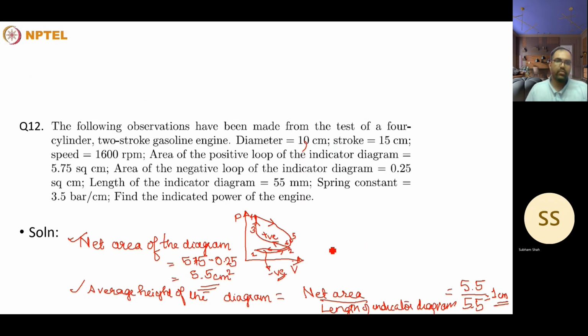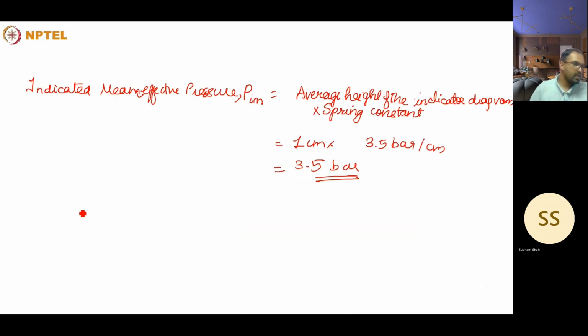So in this question, we have to calculate the indicated power of the engine. Since we have got this indicated mean effective pressure, we can calculate the power using the formula.